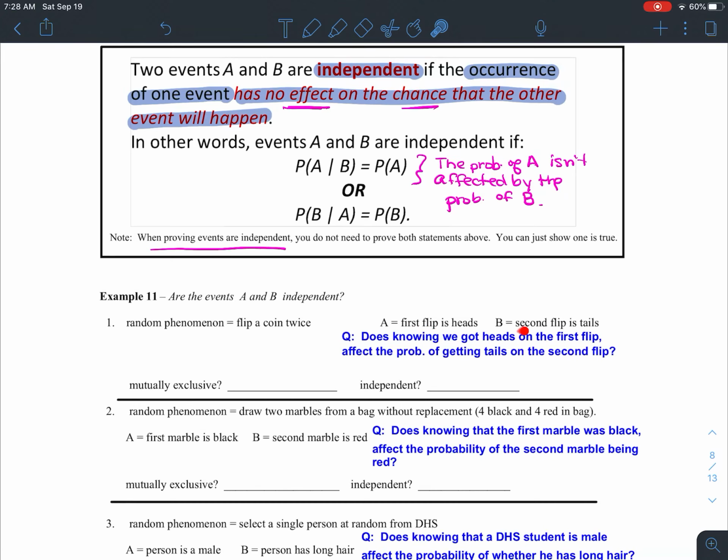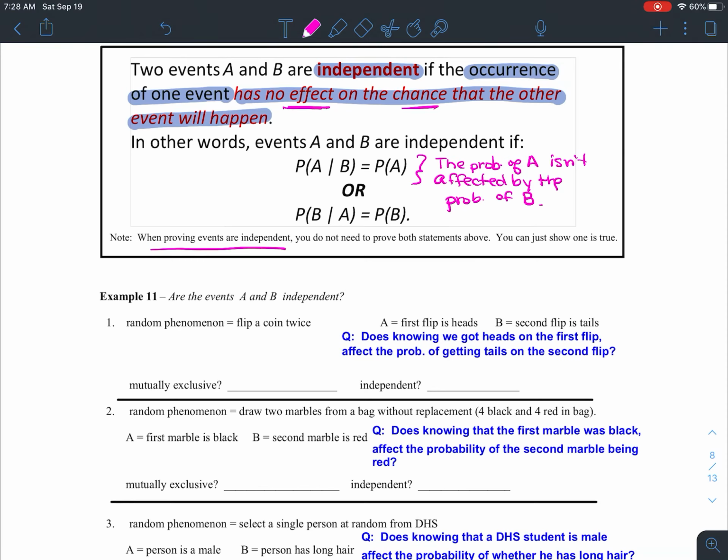Okay, so we're going to look at, here's our random phenomenon. The scenario is we're going to take a coin and we're going to flip it twice. Event A is that the first flip is heads, and event B is that the second flip is heads. Okay, the question is, are these events mutually exclusive?